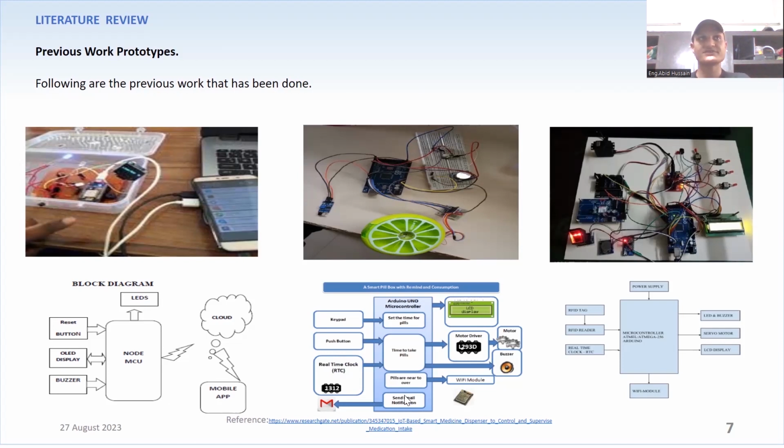This box also has the feature of configuration and generating emails, and a real-time clock. Another one consists of LEDs, buzzers, LCD display, Wi-Fi module, and servo motors, which are used to dispense the medicine from the box.